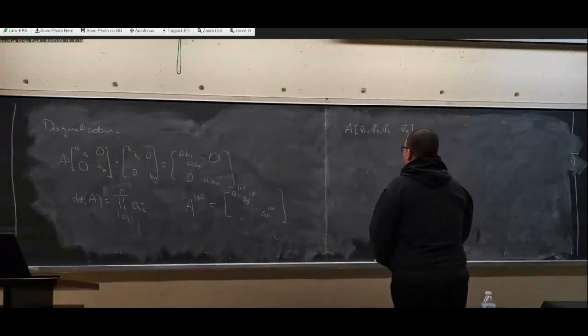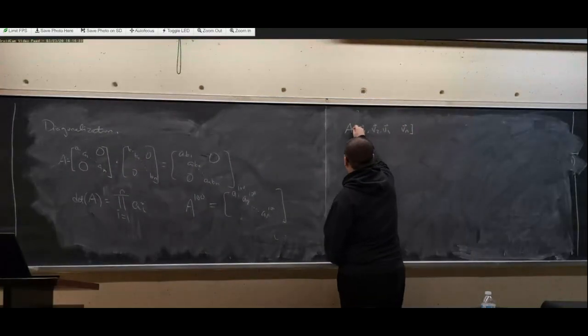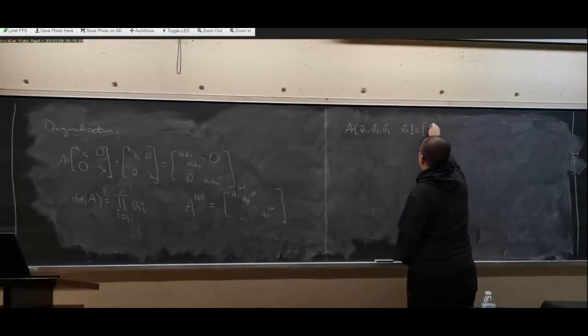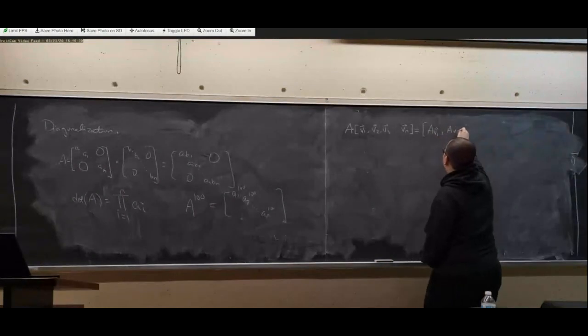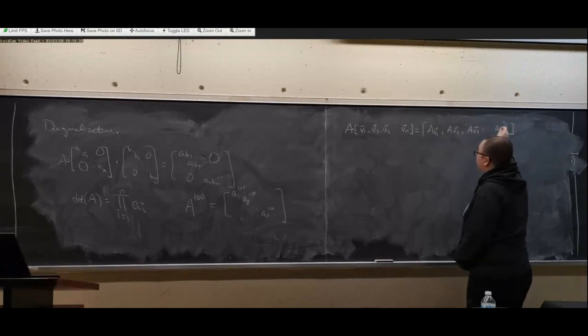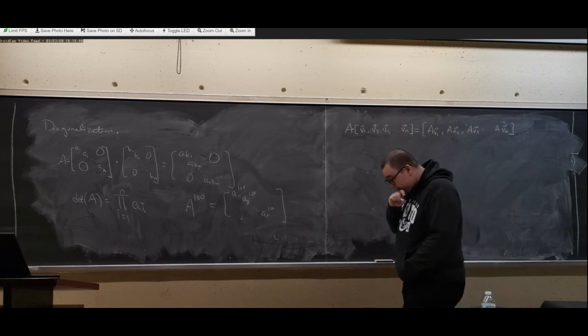If I multiply these together, I get A v1, A v2, A v3, and so on, all the way to A vn.